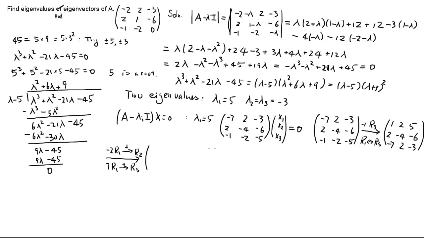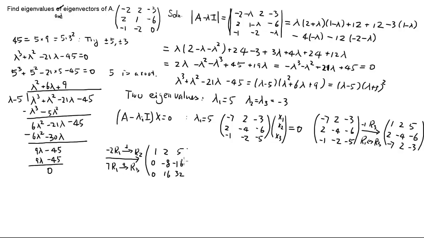That's what we have. And then we have 1, 2, 5, and then 0. Now negative 2 times 2 is negative 4, plus negative 4 is negative 8. And here we have negative 10 minus 6 is negative 16. And here we have 0, and 14 plus 2 is going to be 16 over here. And 35 minus 3 is going to be 32.